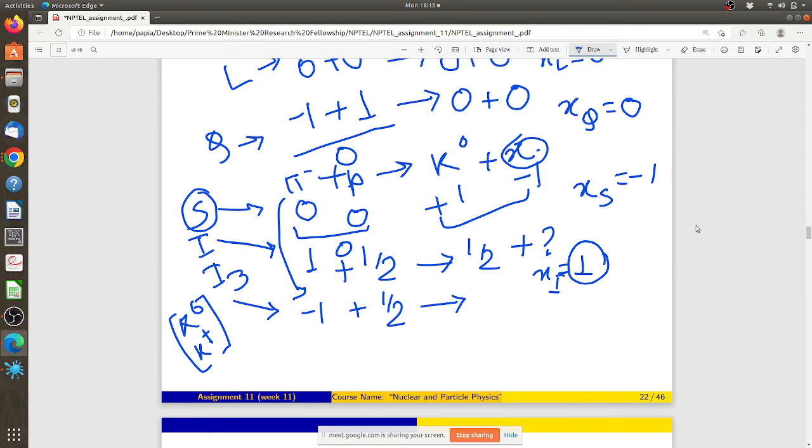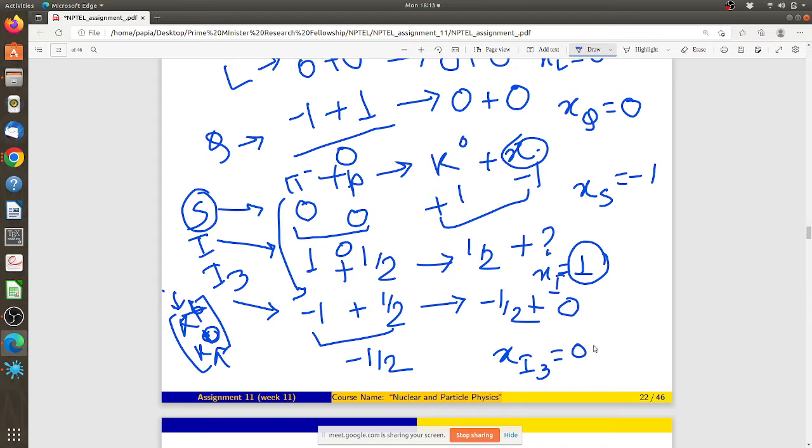I3 is plus half for K plus and minus half for K0. So as a result, it is minus half, so there should be 0 value. So I have concluded that I3 of X is 0.